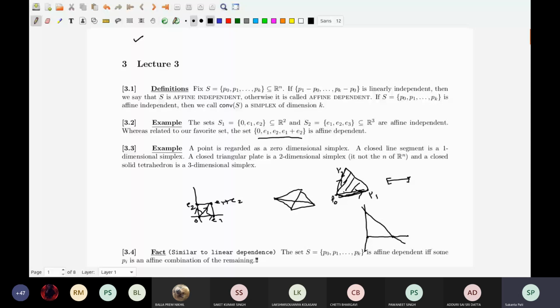So this is the same thing, just because of translation. These two are very easy to prove due to the translation.